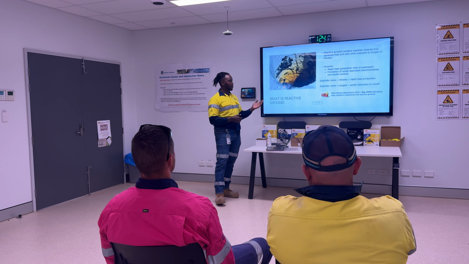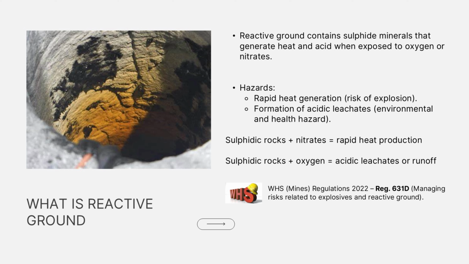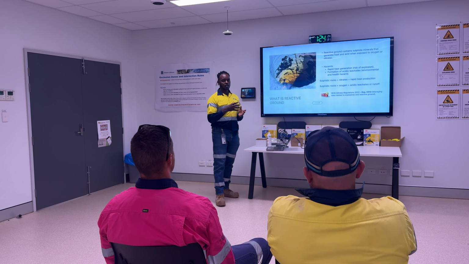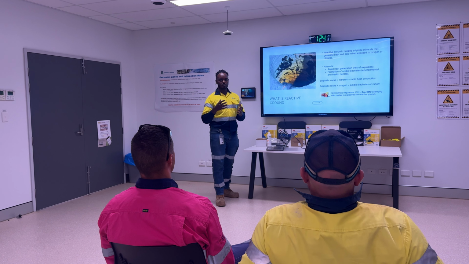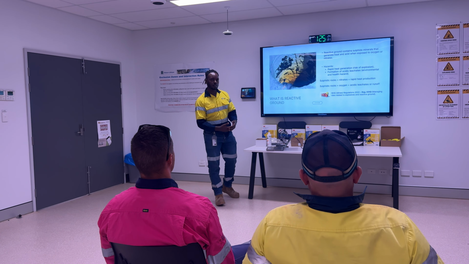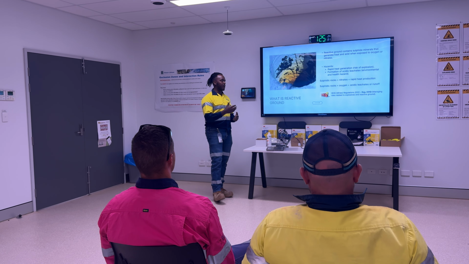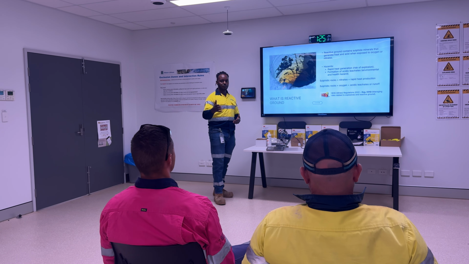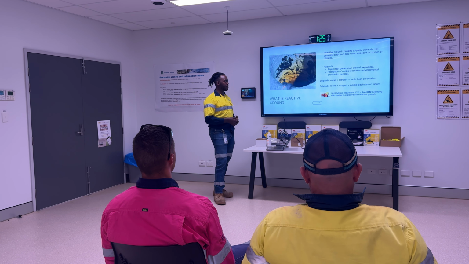And then we've got the formation of acid leachates, which cause an environmental hazard and a health hazard. If you touch those acidic effluents, you'll get burns and you'll get your clothes or shoes destroyed, and that's not good. And if that's not controlled properly and it seeps into waterways, that affects the environment greatly as well.